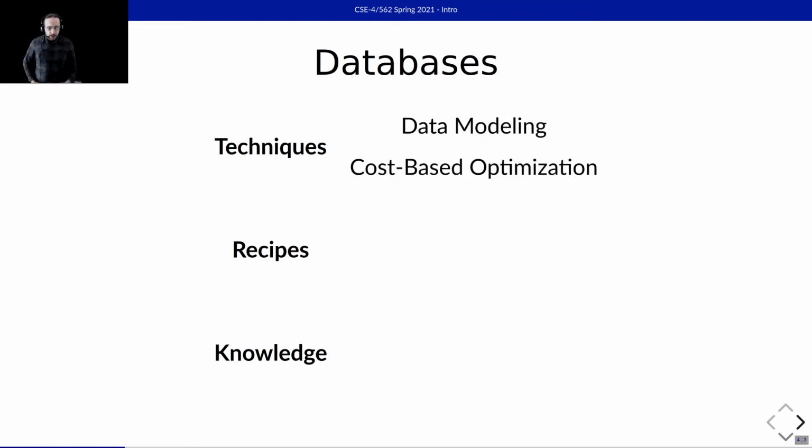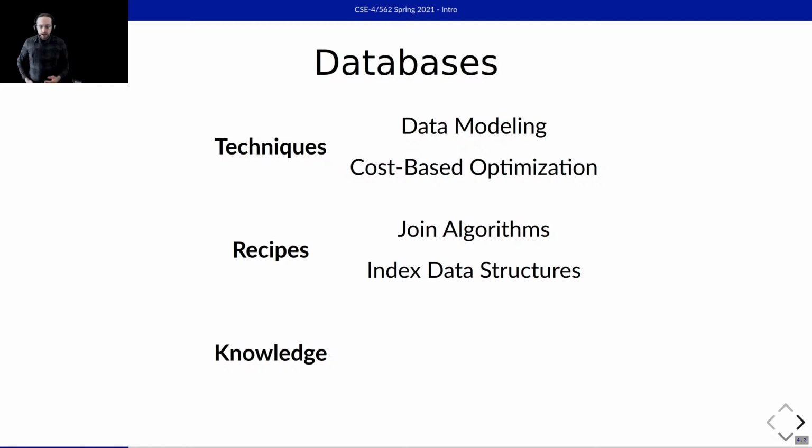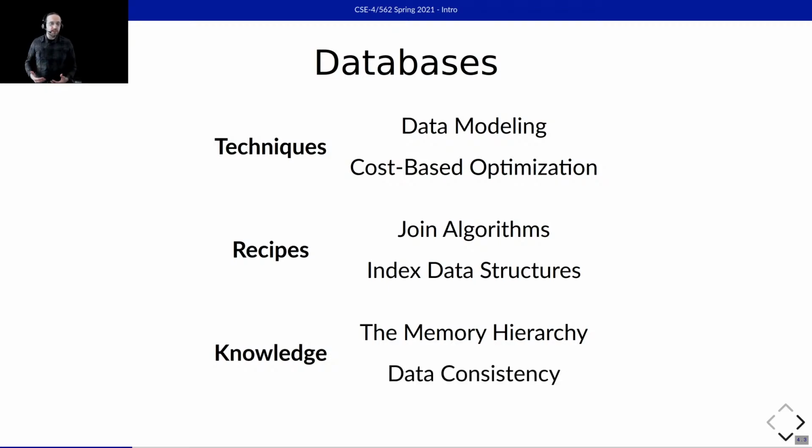Things like how do you organize your data? How do you choose the best algorithms for your data? What kind of algorithms even exist in the first place for doing common data transformations like joins? What kind of data structures exist? And then underlying knowledge about systems concepts like the memory hierarchy and data consistency.